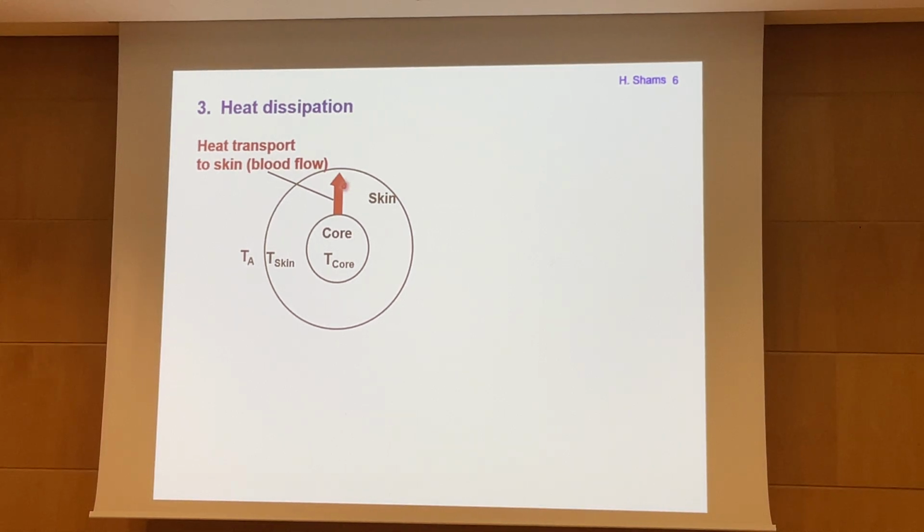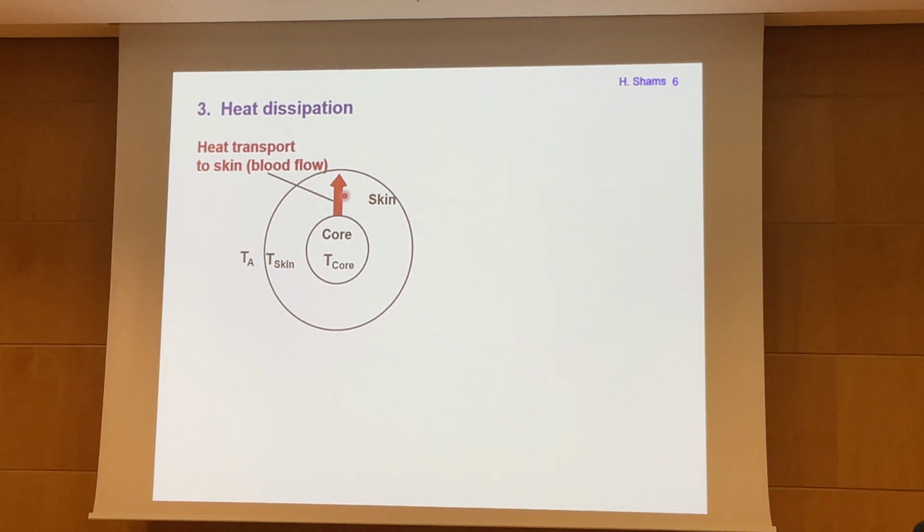This transport is happening by blood flow to the skin. All the heat must be transported by blood to the skin. And now after our skin becomes warm, then we dissipate the heat from skin to the environment. And for that, which type of mechanism do we have? We have these mechanisms.